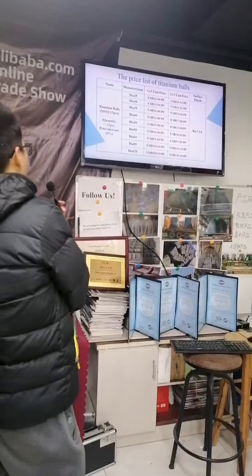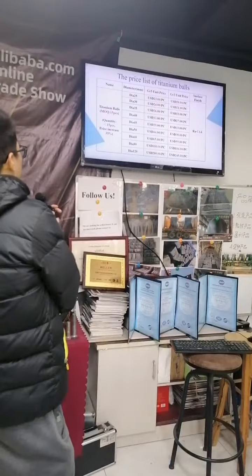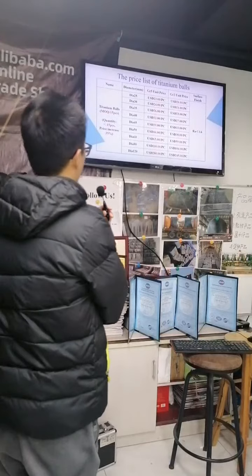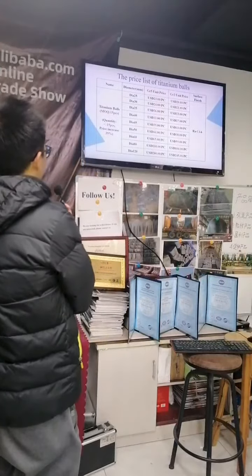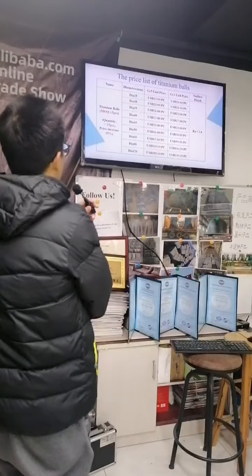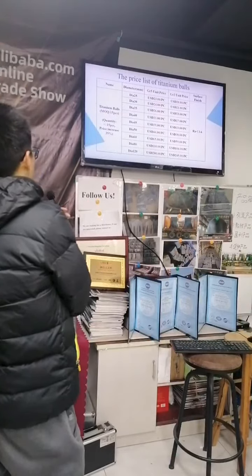This process is about the larger diameters, from 25 to 120 millimeters. Because of the increasing diameter, the price increases about 35%.